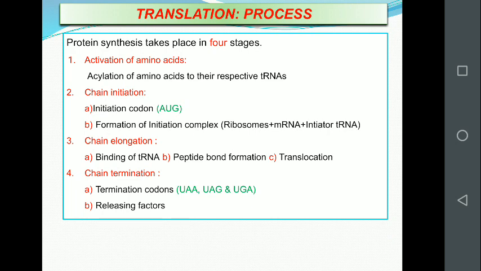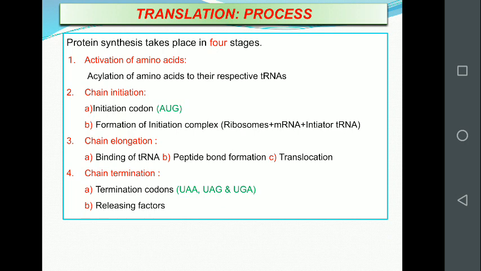The translation machinery is capable of reading the nucleotide sequence in the mRNA and synthesizing a polypeptide chain with a specific amino acid sequence based on the information present in the mRNA. So the protein synthesizing machinery can translate the nucleotide sequence into its amino acid sequence.